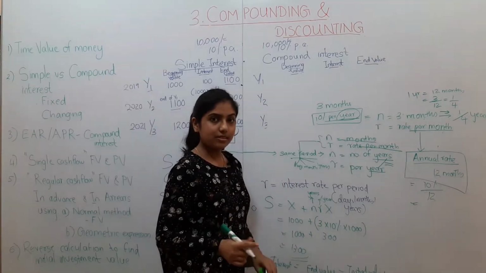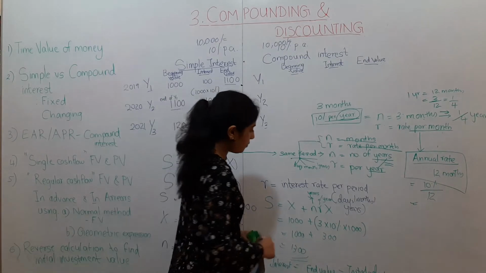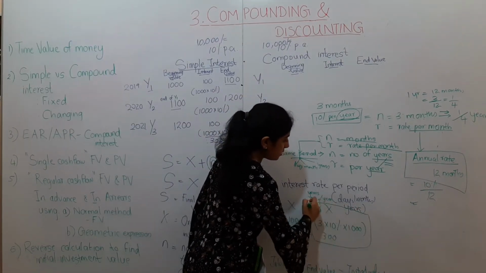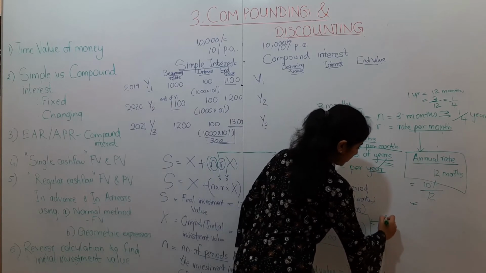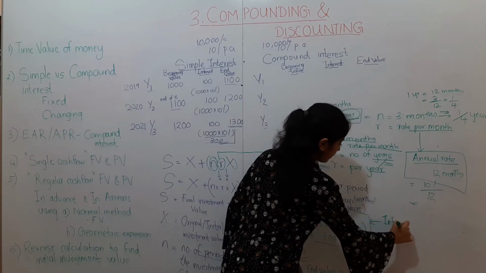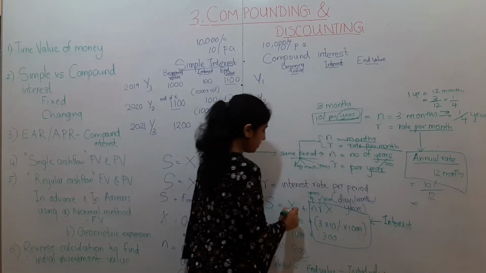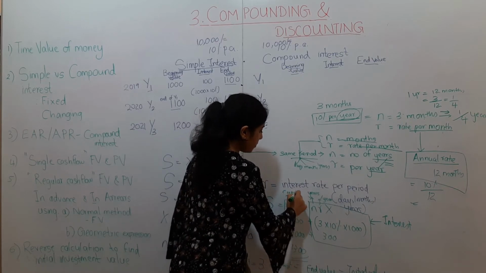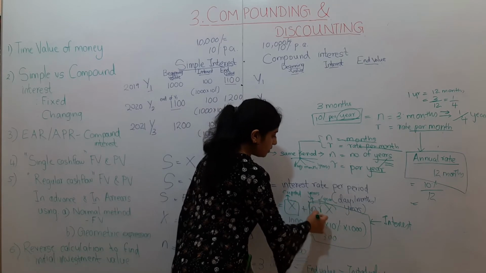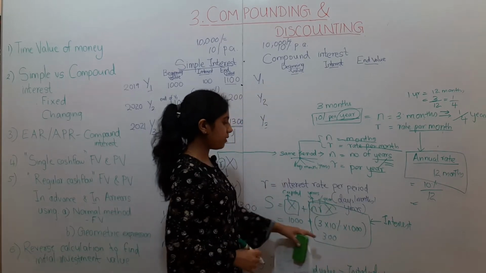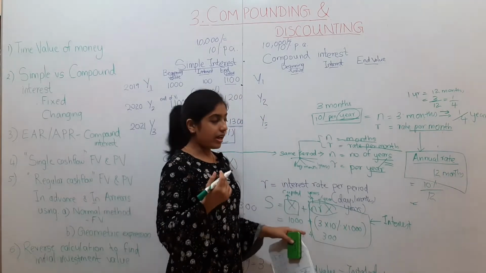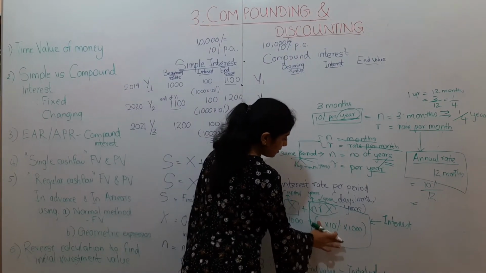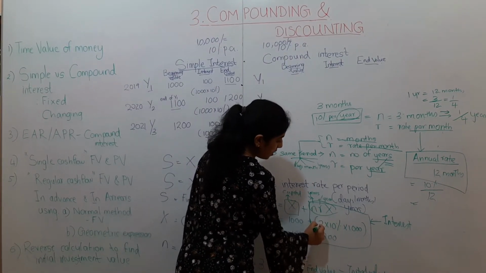Another method is in the formula itself. If you see, this part is the interest portion, isn't it? It's the interest portion. This is the capital portion, the initial amount. So you could straight away use this formula to find the interest for 3 years. And if they ask for 2-year interest, then simply change n into 2.